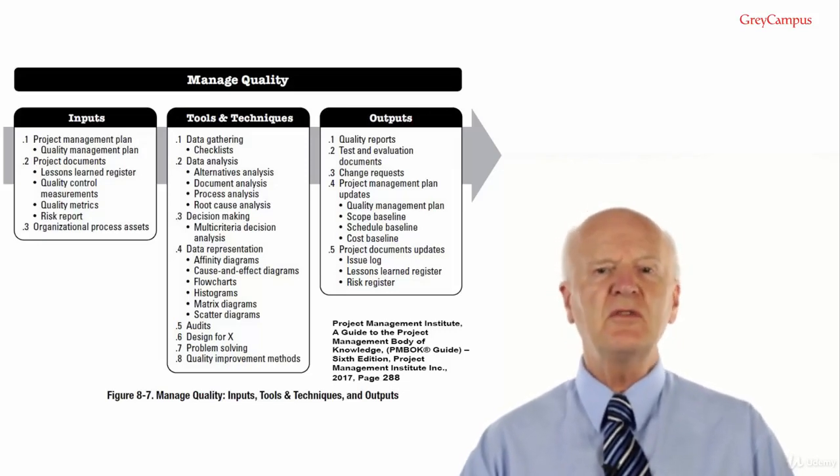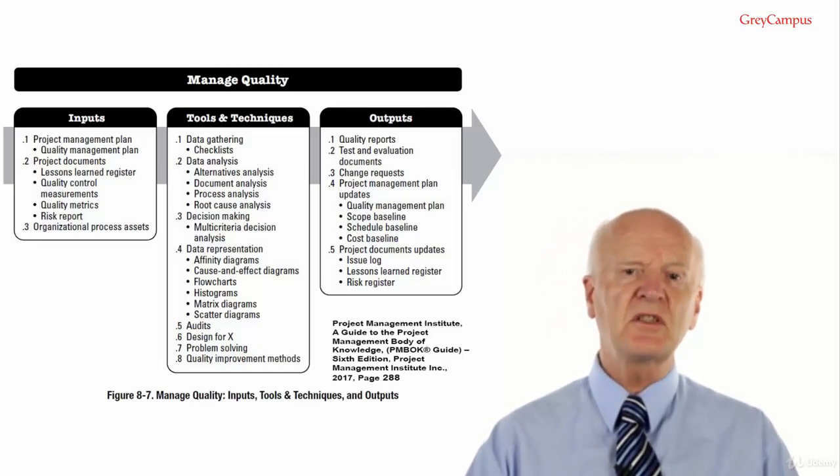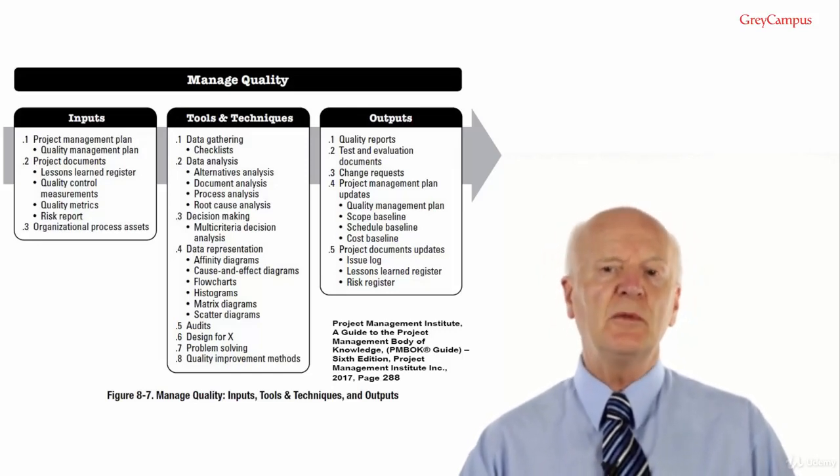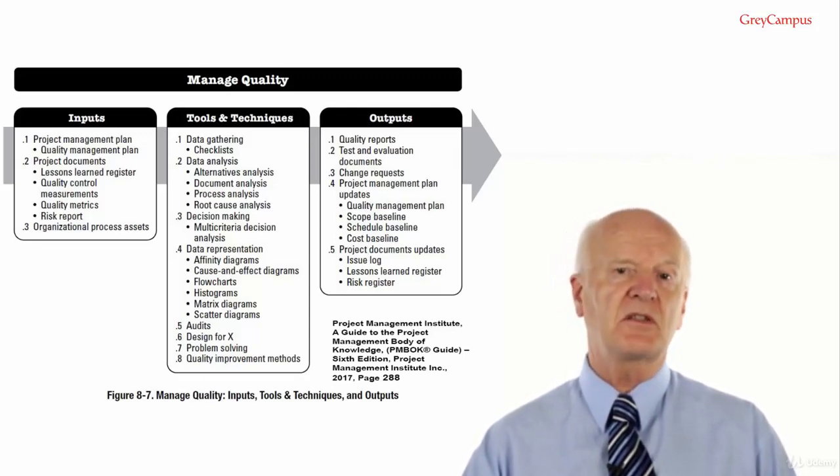A quality audit is usually conducted by a team external to the project, such as the organisation's internal audit department, the project management office, or by an auditor external to the organisation.